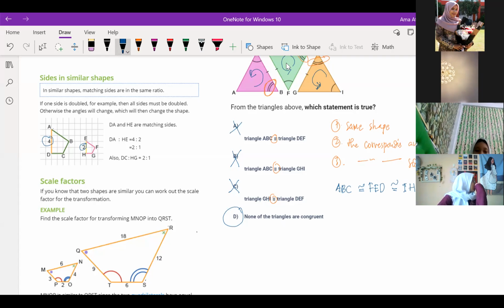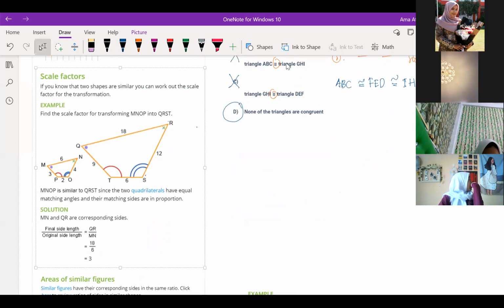Let's take a look at the example. We are given the quadrilateral. A quadrilateral is a polygon with 4 sides, 1, 2, 3, 4. So we have the smaller quadrilateral and then the larger quadrilateral.